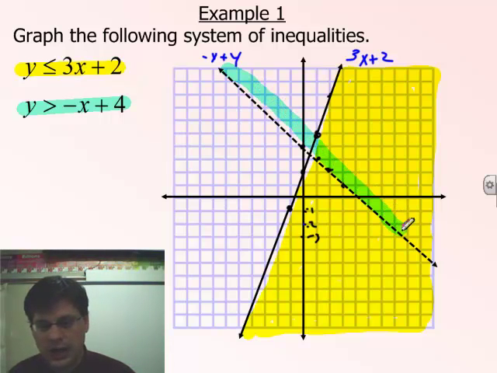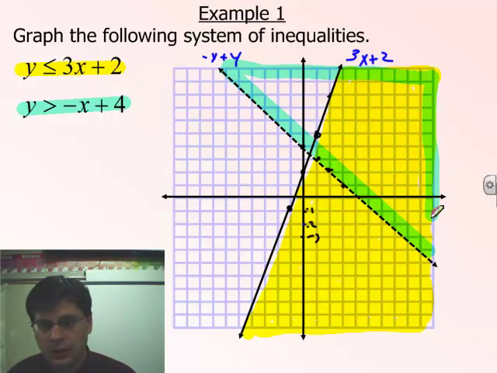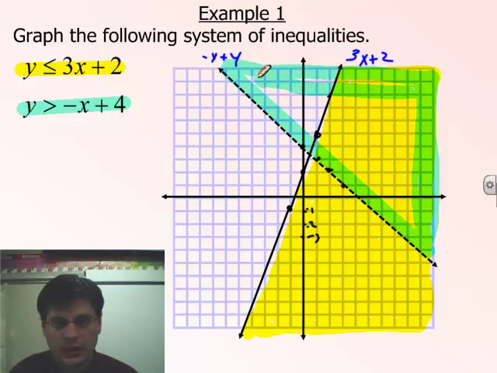Some of it's going to be outside of the shaded region for the first one, and some of it's going to be inside. But we want to get everything, because all of this stuff is, in fact, a solution.